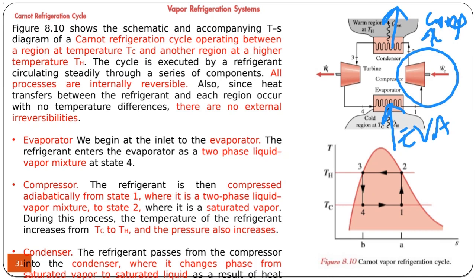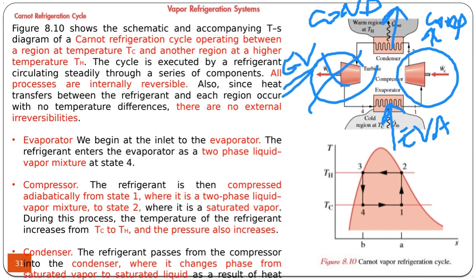Then you have a condenser where the heat is rejected. Then here it says it's a turbine, but it's not practical. You should use an expansion valve here, where the liquid from the condenser is expanded into a vapor-liquid mixture. This is a Carnot refrigeration cycle.